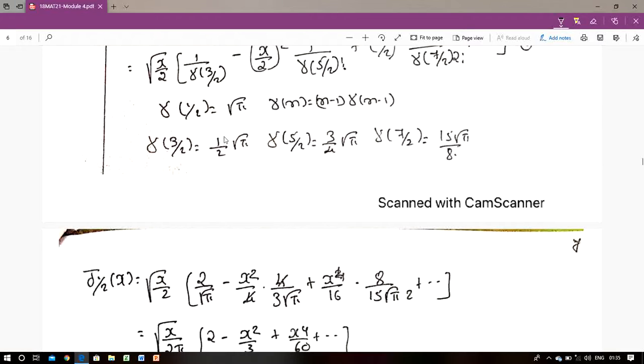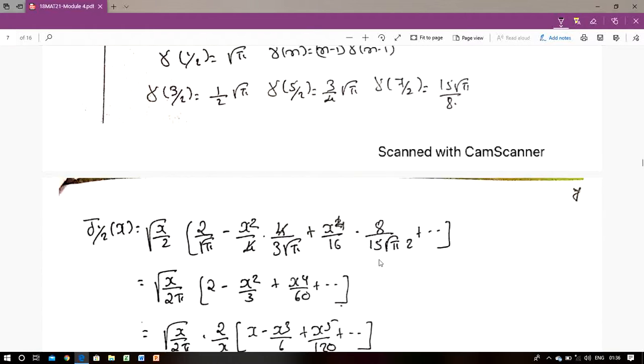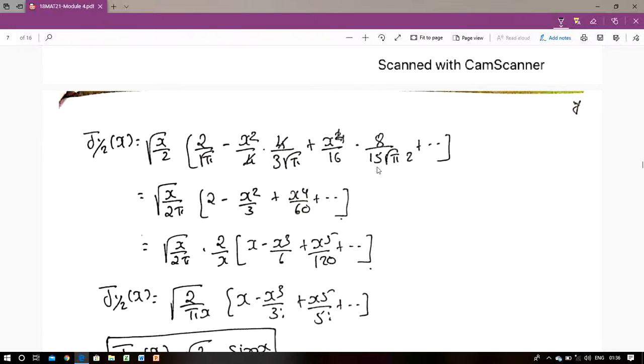Gamma of 3 by 2 value root pi by 2, so 1 by gamma of 3 by 2 value 2 by root pi, minus (x by 2) whole square into 1 by gamma of 5 by 2. Gamma of 5 by 2 value 3 root pi by 4, so 1 by gamma of 5 by 2 value 4 by 3 root pi, plus x to the power of 4 by 16 into 8 by 15 root pi by 2, and it goes on continuing.